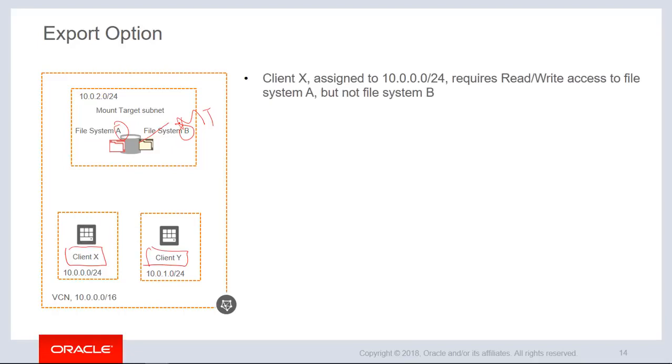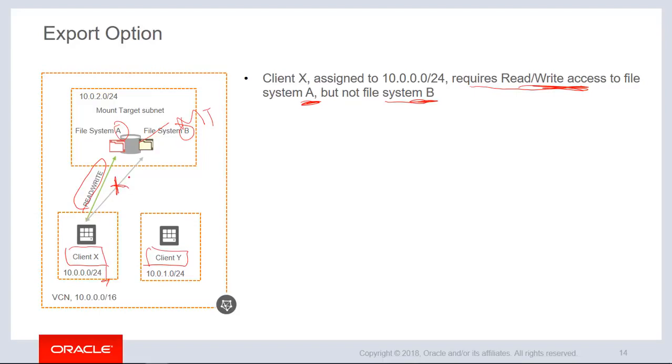Now let's look at some of the requirements. Client X is assigned to this CIDR block. It requires read-write access to file system A, but not file system B. So it has read-write here on file system A, but on file system B, it doesn't require any access.